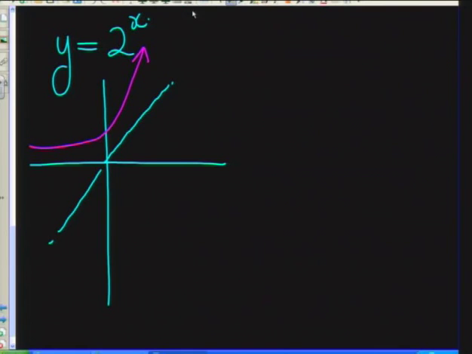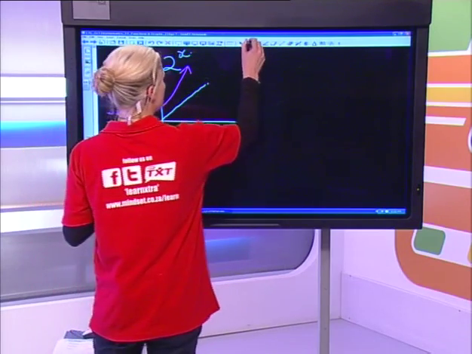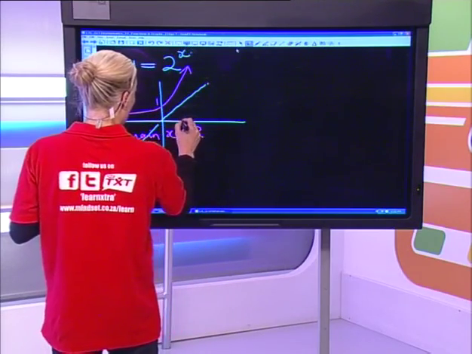Okay. And we also know that the function y is equal to 2 to the power x has domain x an element of the real numbers, in other words, all x's, and range y greater than 0. Okay, now, let's talk about the inverse of this graph. I've shown it to you guys before.